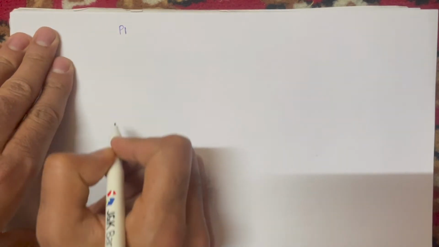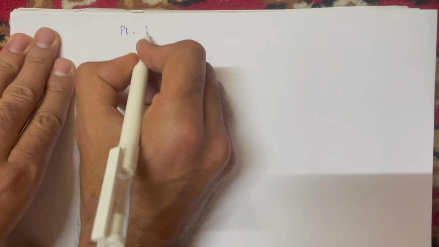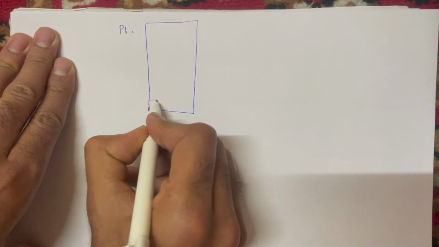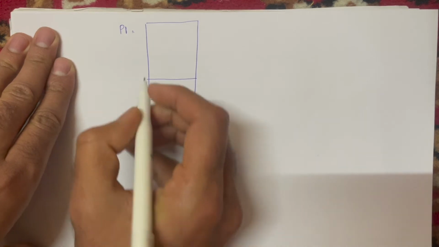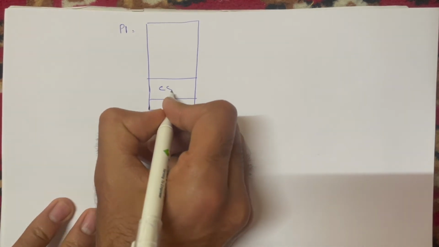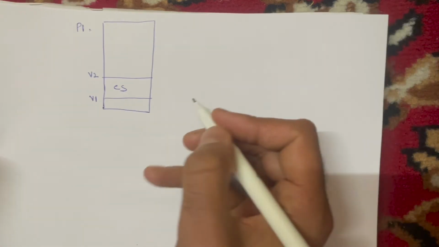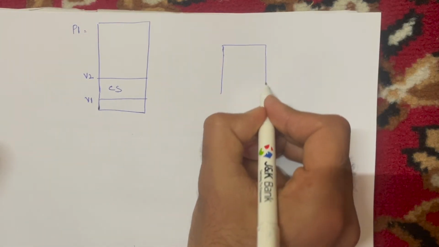So let's say this is our process P1, and this was its virtual memory. Let's only discuss the code segment. It is virtual memory V1 to V2, and this is the main memory.